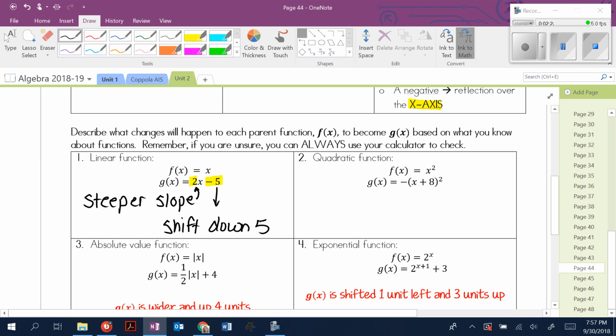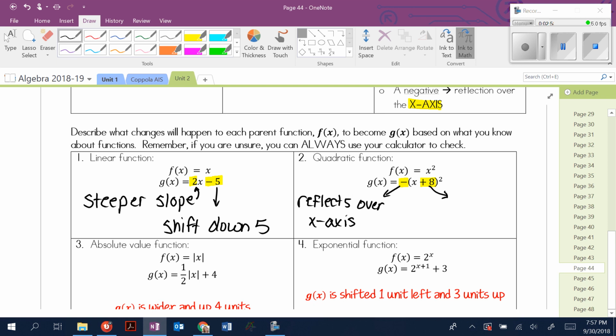Okay, quadratic functions. Why does this look different? There's a plus 8 inside with that little x right there, and there's a negative out in front. What does a negative do? Yes, it reflects over the x-axis. And then what about the plus 8 inside the parentheses?